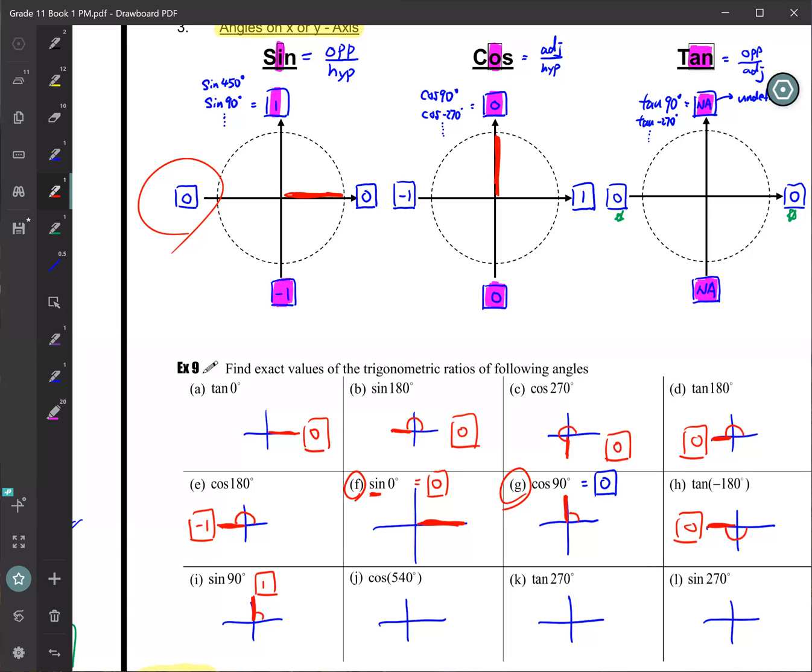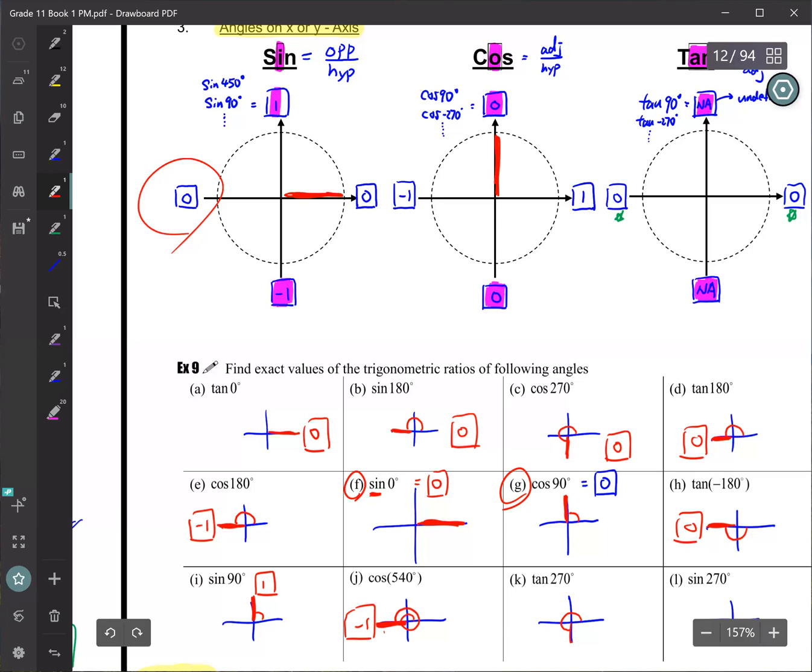And then Harry, J. I got -1. Okay, 540, so 1 full turn and 180 degree, so it should stop on the left side. Cosine is -1 on the left. And Elaine, question K. Non applicable.